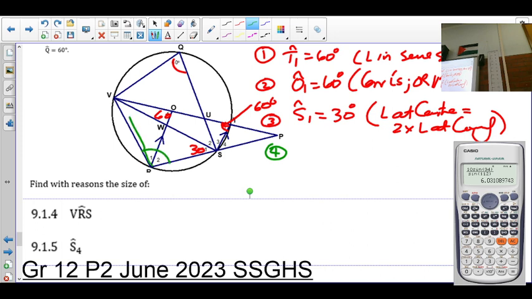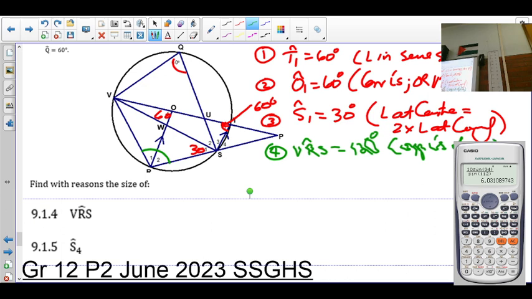But what we notice is that this is actually a cyclic quad. Not so? What's the relationship between the opposite angles of a cyclic quad? It is supplementary. So VRS is equal to 180 minus 60, which is 120. Why? Opposite angles of cyclic quad.